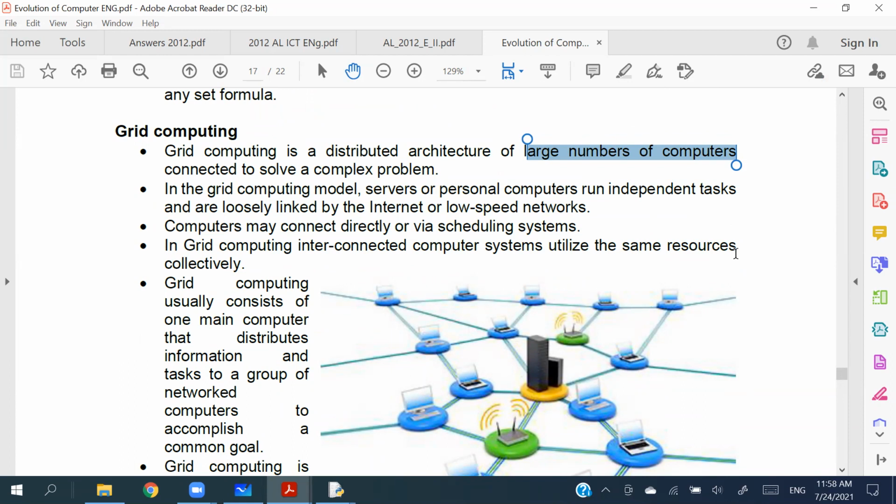From the server, that big problem is spread all over the grid and divided among several different computers. And remember, it is large in number. All the computers connected to the grid are trying to solve one big problem, right?